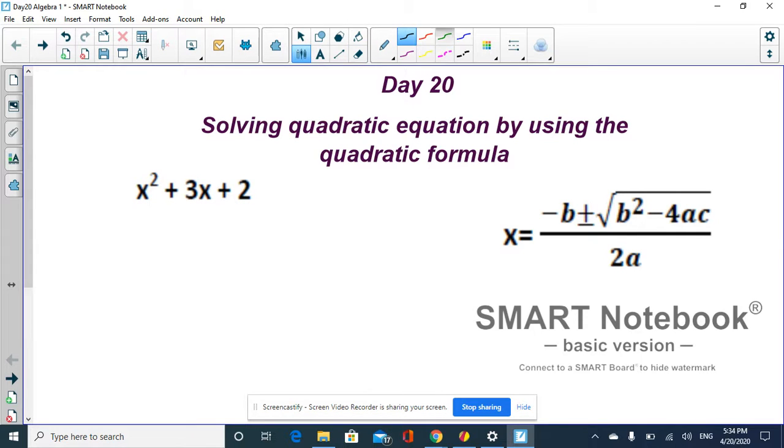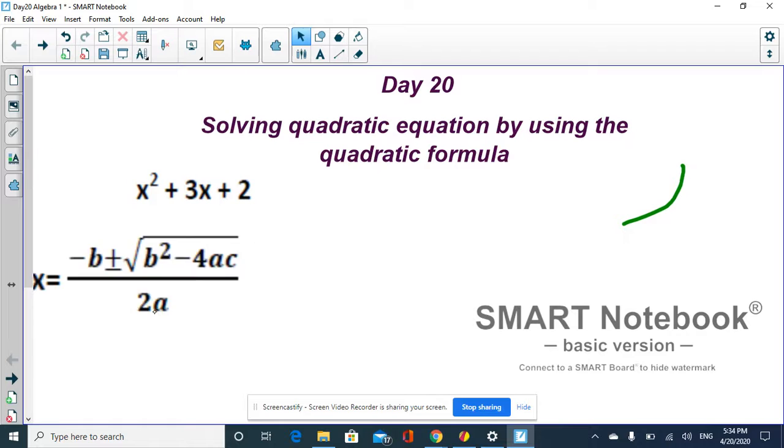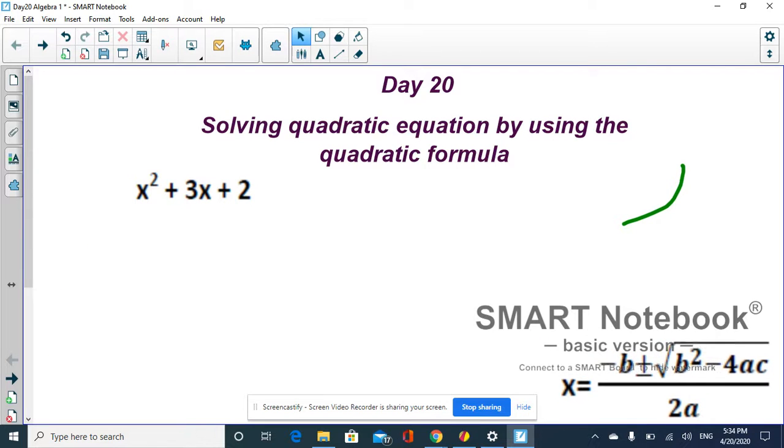Let me move this formula, I'll put it here, and then I will write the values of a, b, and c here.